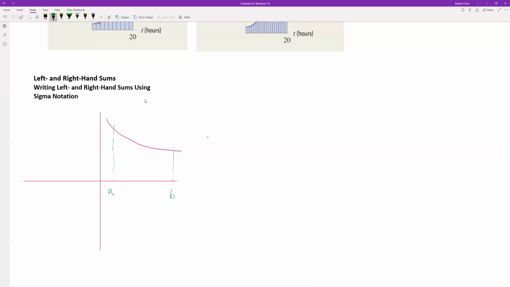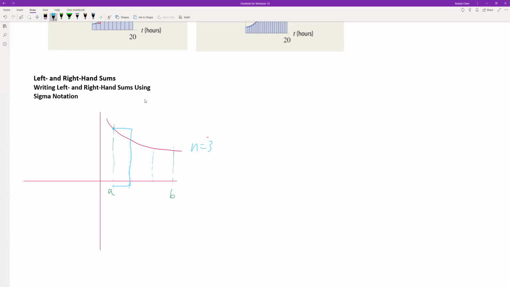Now, one way to do it is we can fit in rectangles like what we're doing. So let's do that. Let's say I'm going to cut this into 3 segments, 3 intervals, n equal to 3. And then I'm going to use the left value, the smaller value of each interval, as my reference. So in the first interval, the left value is A, so I'm going to use the function value at A and then form a rectangle like this.